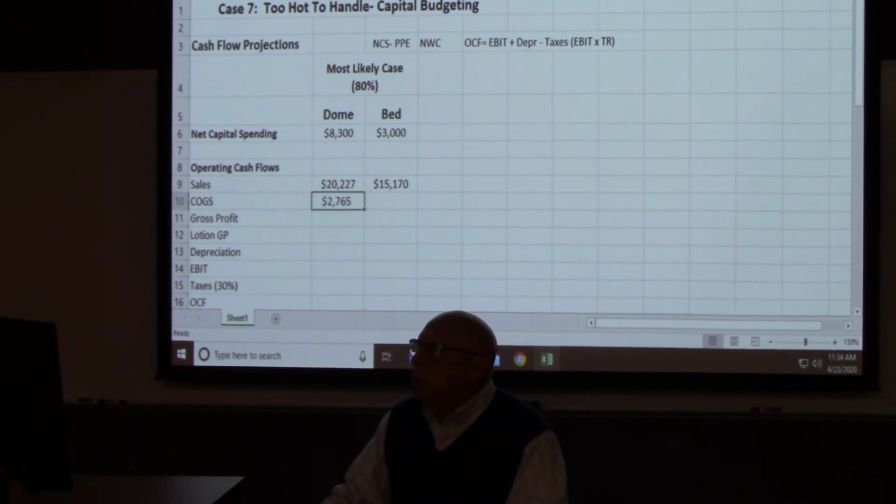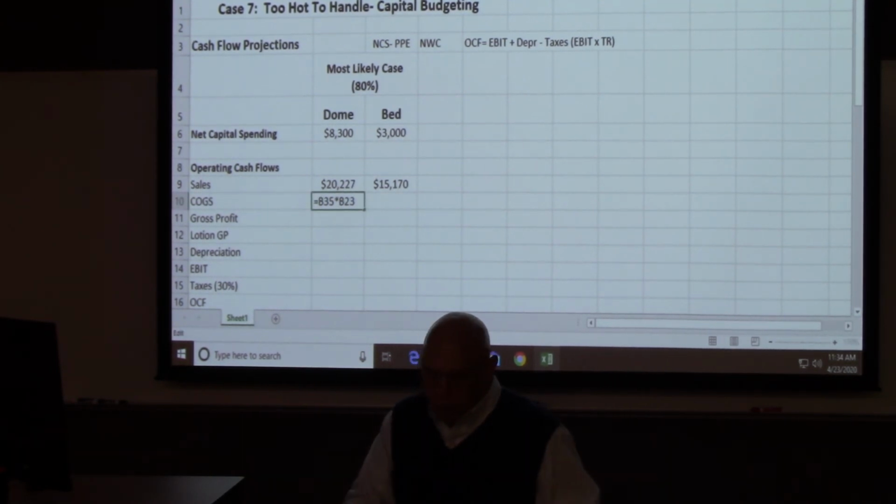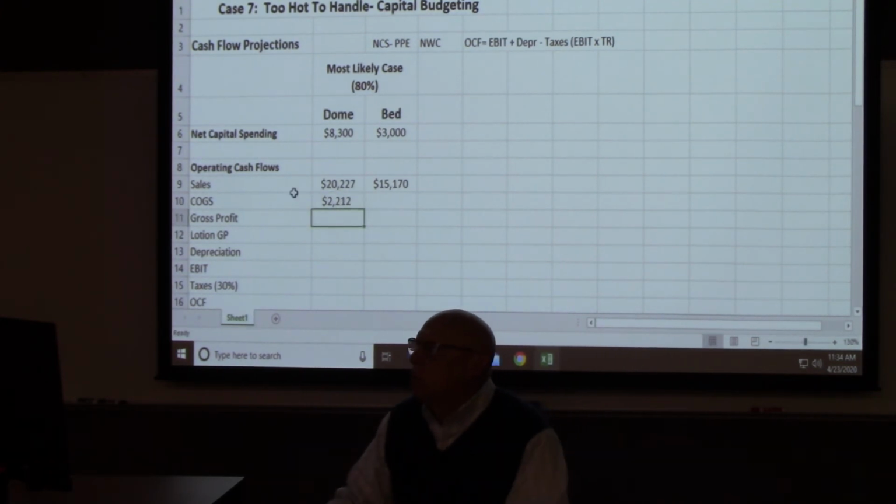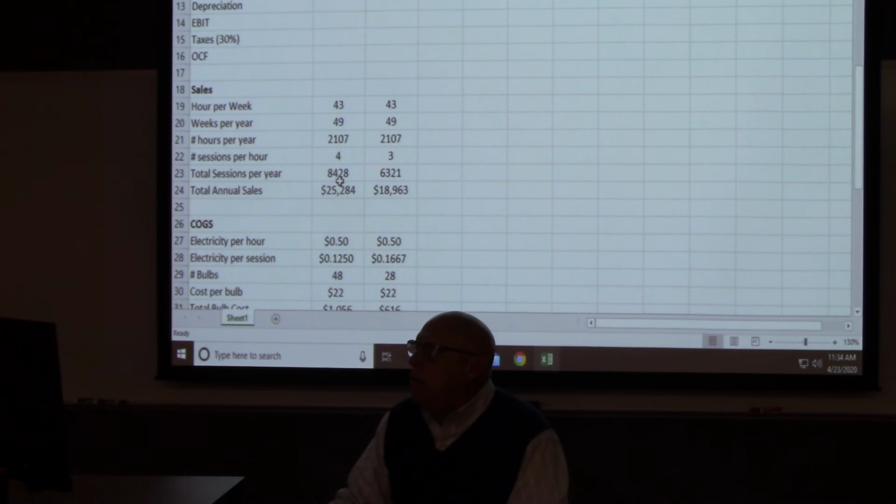So let's do it this way. B35 equals, well, there are different ways we can do it, but B23 is the number of sessions. So let's do it this way: B23 times 0.8. Okay? 80% of that.